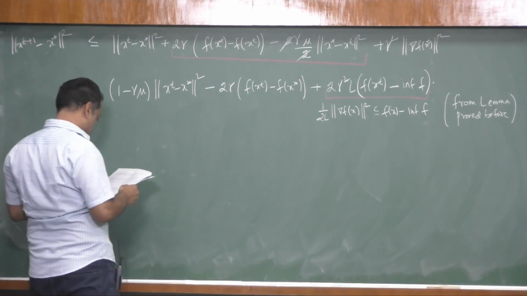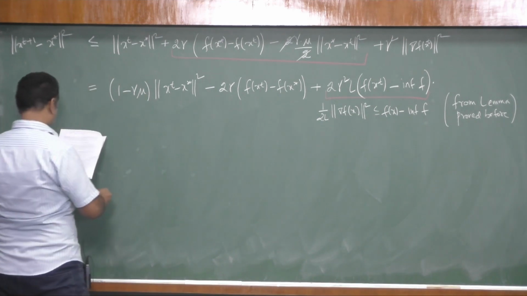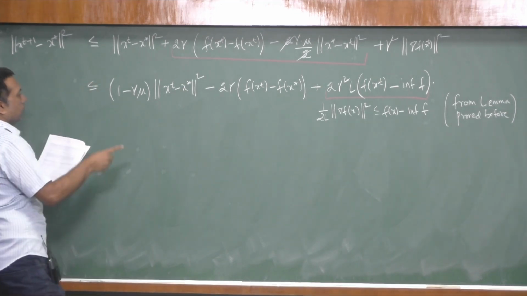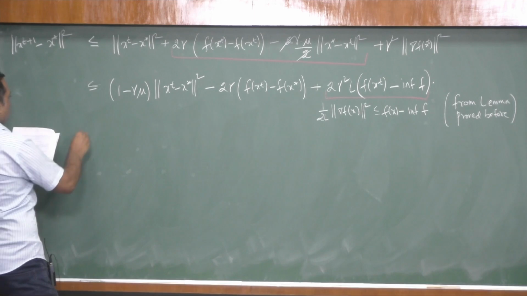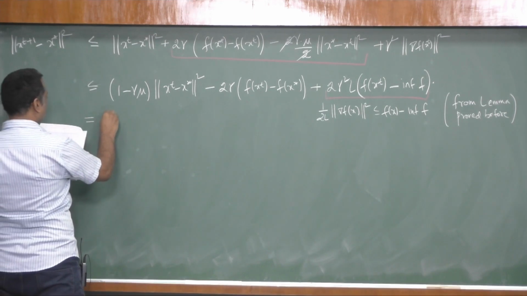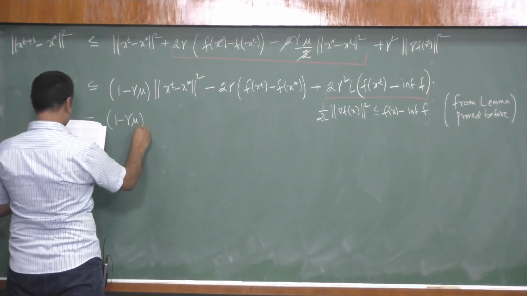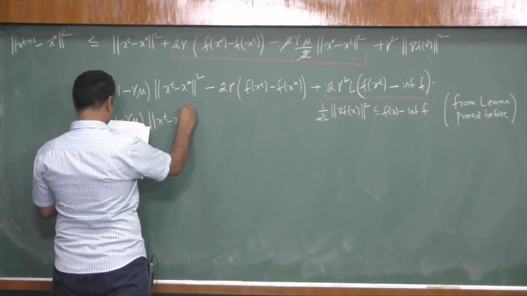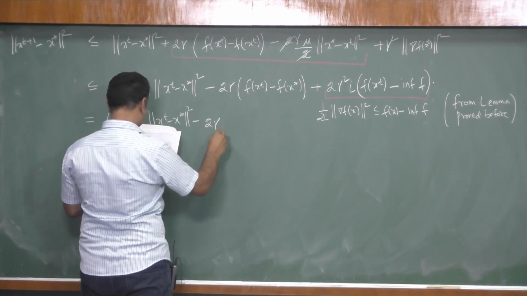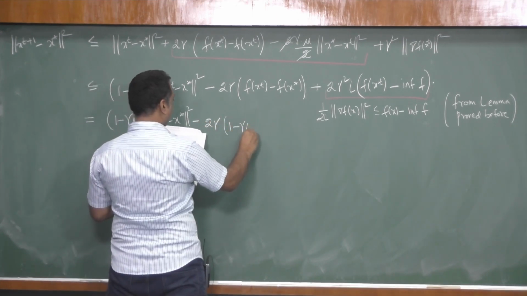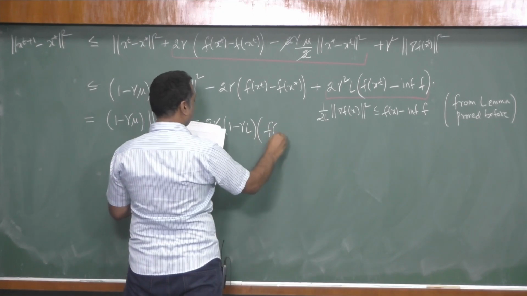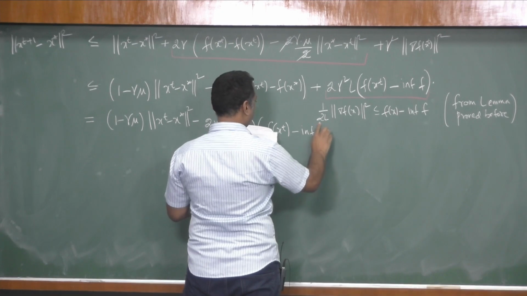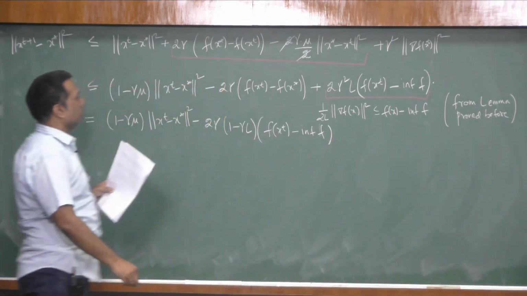So let us now simplify it further, and this became further less than or equal to, because of that lemma. So this is 1 minus gamma mu norm of xt minus x star squared minus 2 gamma times 1 minus gamma L times f(xt) minus infimum of f. So we just simplified this now.